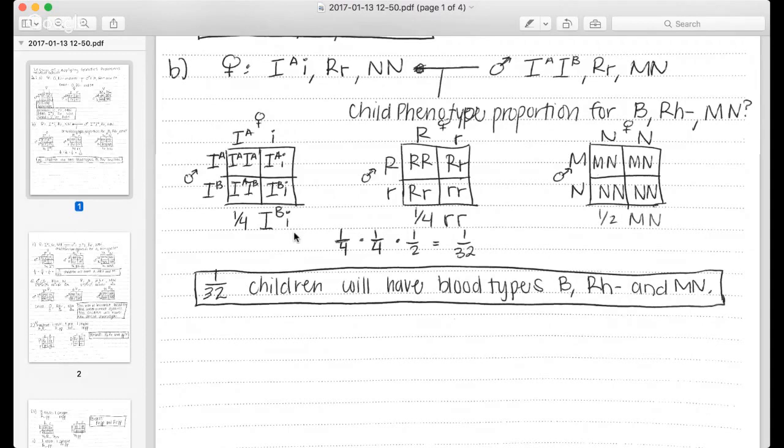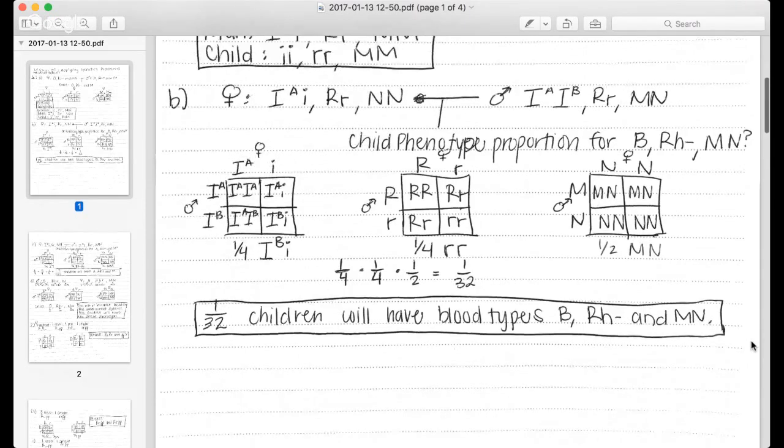And then you have the math right there. 1/4 again for the next trait, the rrs, and 1/2 or 2/4 for the last one. You could do 1/2 for easier math, but I did 2/4 just because I hate screwing up. And I got 2/64, which is 1/32. So 1/32 of their children will have that exact blood type and negativity.